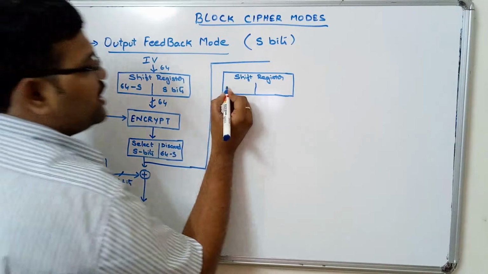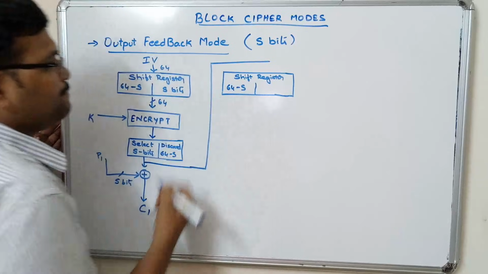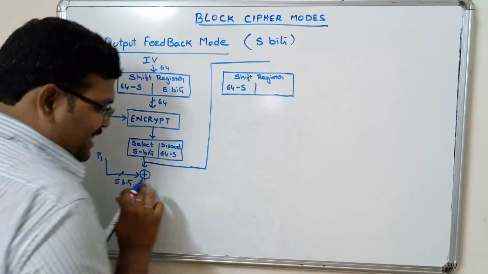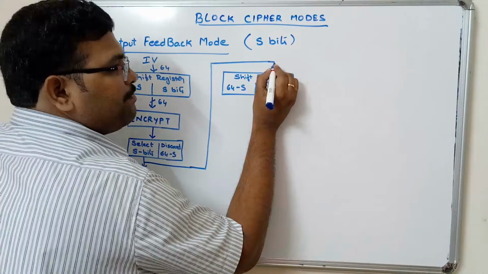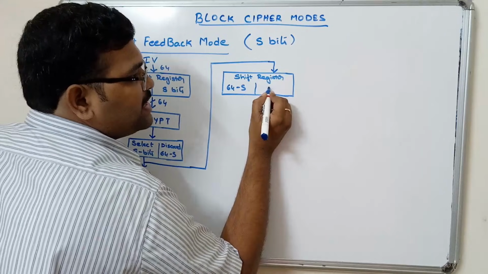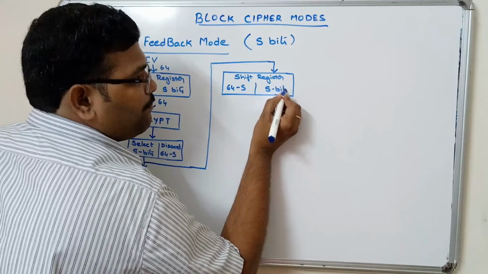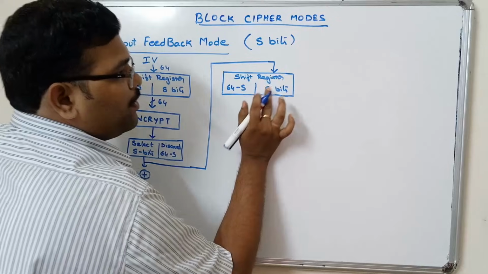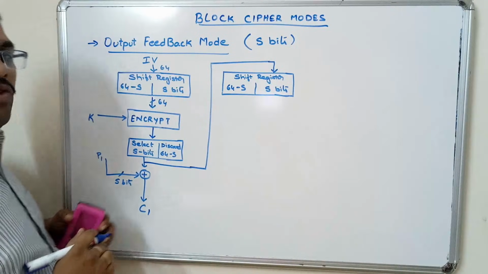Shift the bits so that the 64 minus S, and apply these S bits to this 64 minus S. Hope you understood.